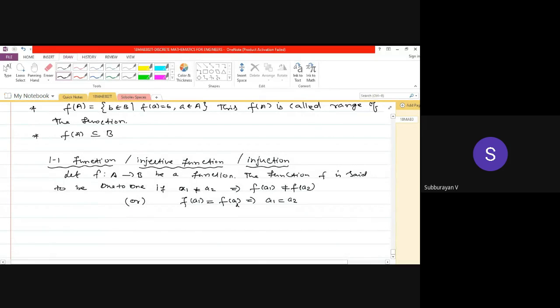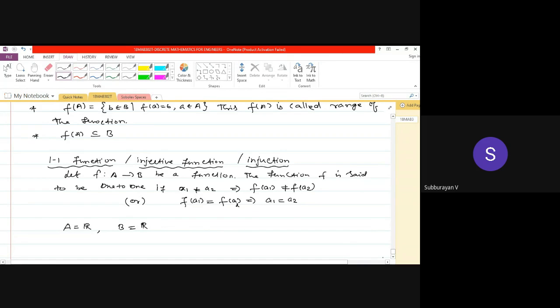Let me give one example as well as a counter example. Let A be the set of real numbers, and B be the set of real numbers.